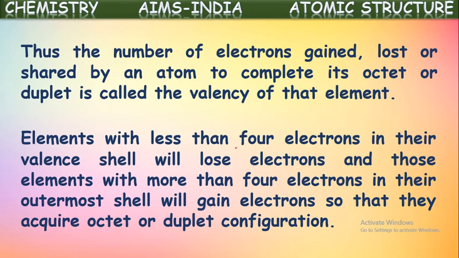Atoms with less than 4 electrons in their outermost shell generally lose those electrons, so that they get 8 electrons in the outermost shell from the last but one shell. And atoms with more than 4 electrons in their outermost shell will get the remaining electrons from other atoms. They will gain electrons so that they can become stable.